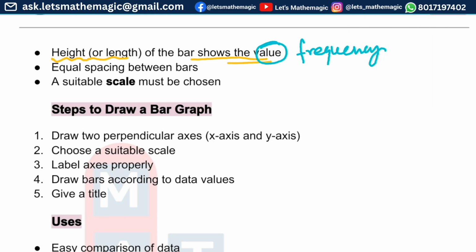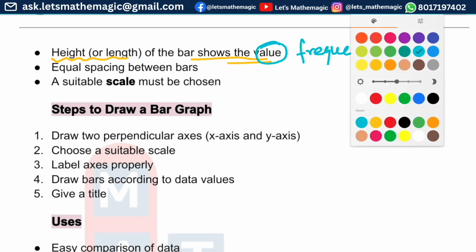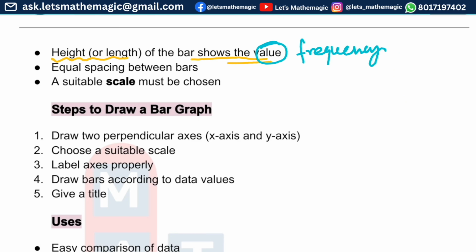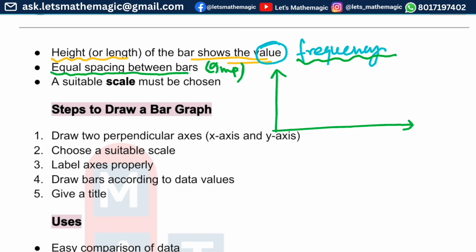Frequency is how many times a particular thing is repeating. Equal spacing between the bars is a very essential thing, because it is a common error students make. This is a bar graph, the picture that I'm showing you.